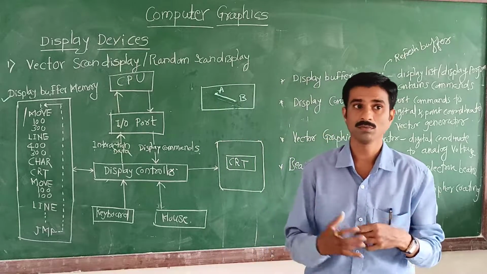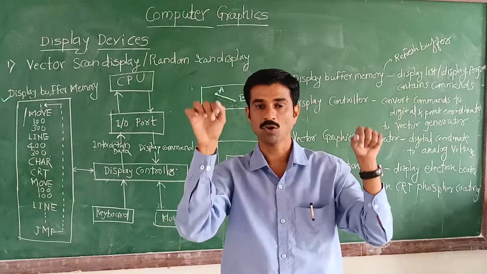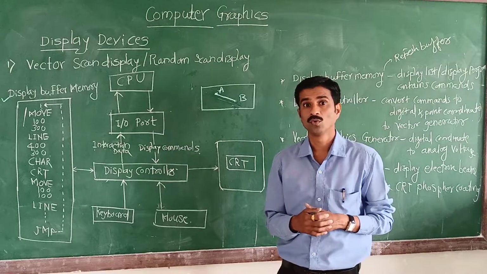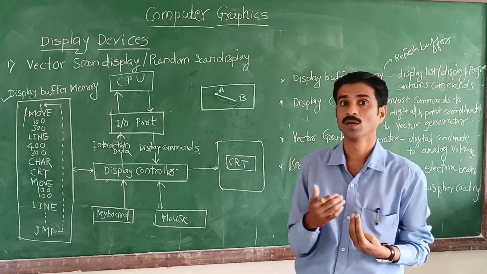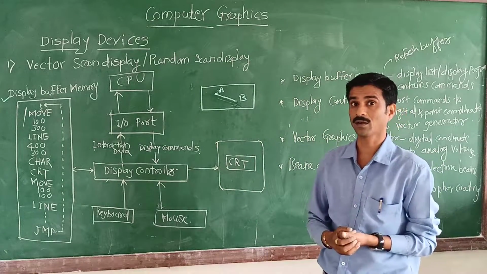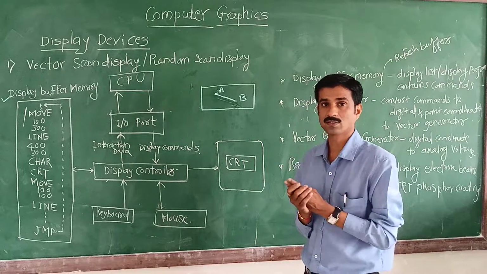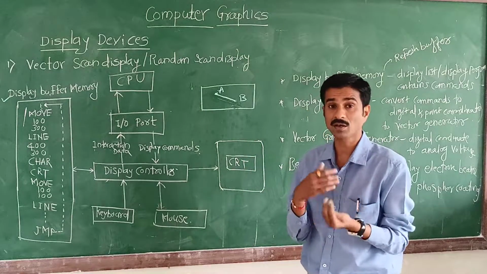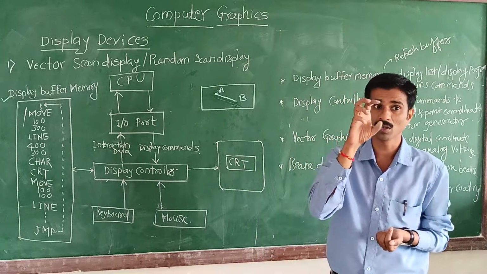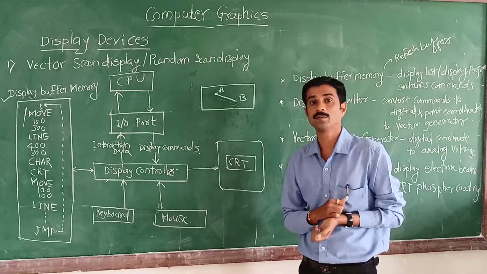Before the electron beam strikes the phosphorus coating of the CRT, and before displaying any point, line, or character, there are some commands required to execute or to draw that particular line or point on the display.